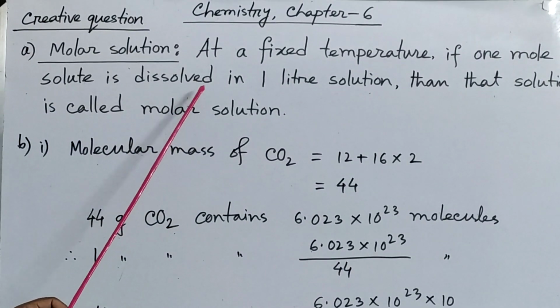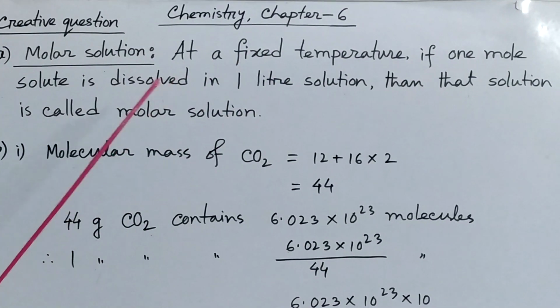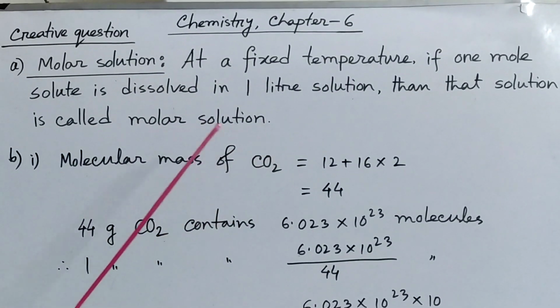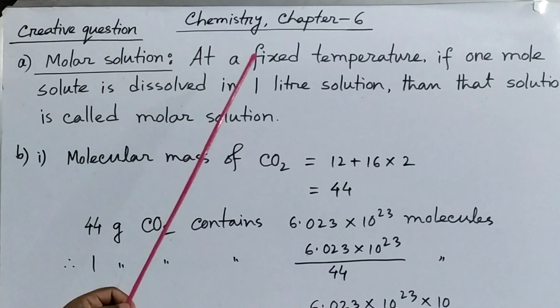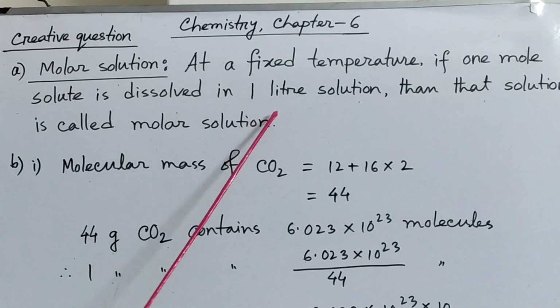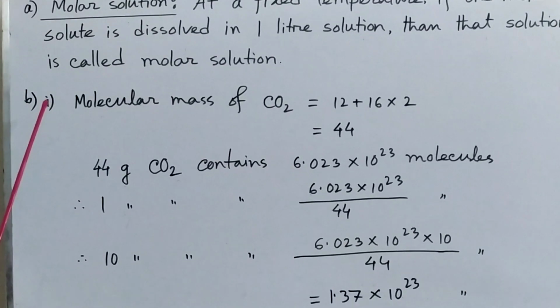Fourth option was: at a fixed temperature, the number of moles of solute dissolved in 1 liter solution, that is the molarity of solution. So for number 1, many options may be given. You have to learn all the questions in the book. Okay, now number B. Number B also I have given 2 questions.